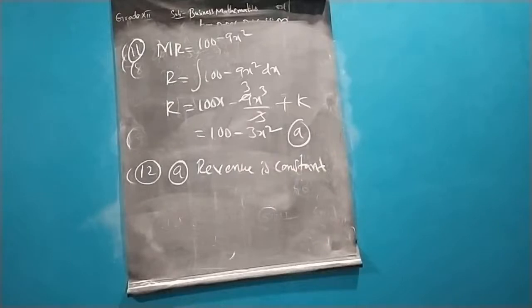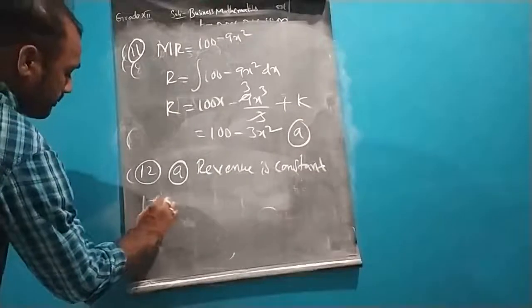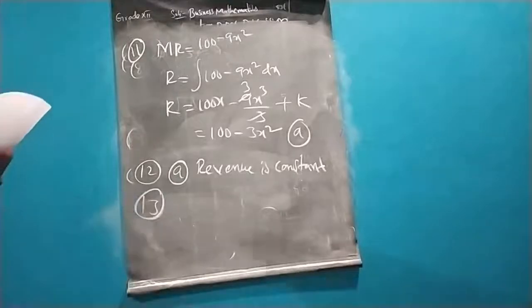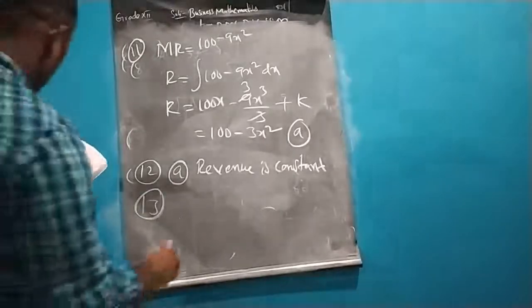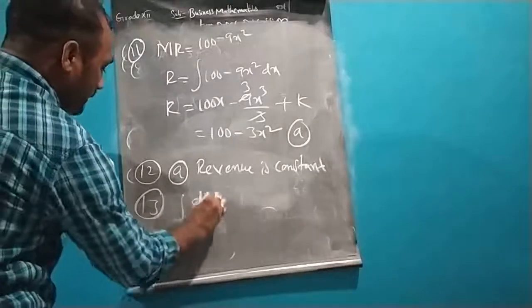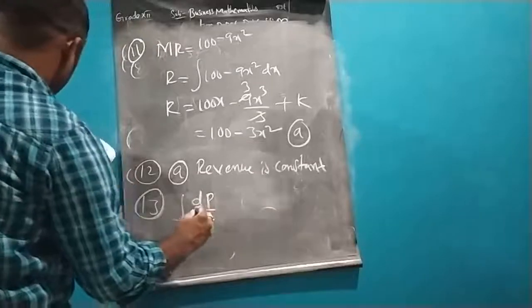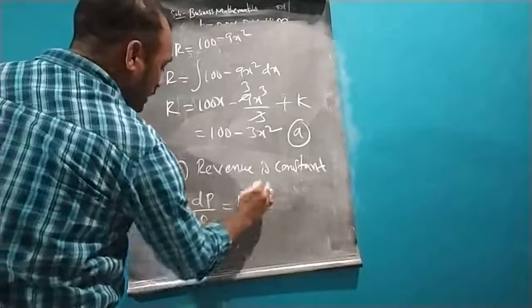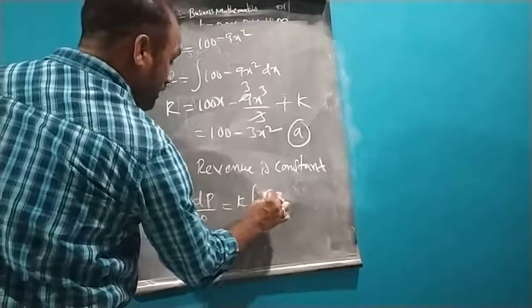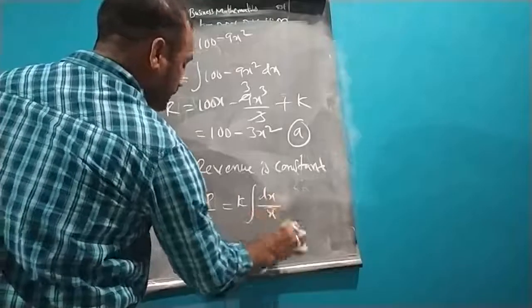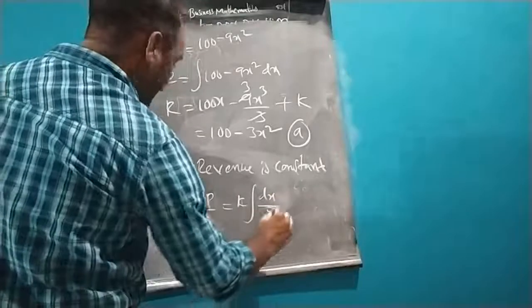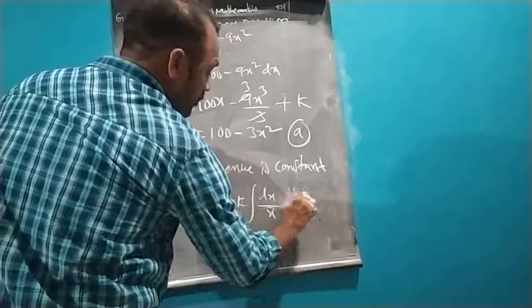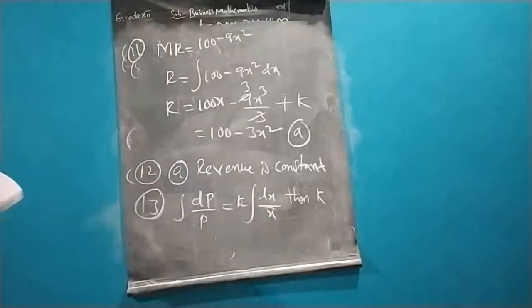Next, 13th question. For a demand function P, if the integral of dP by P is equal to K into the integral of dx by x, then we are asked what the K value will be.